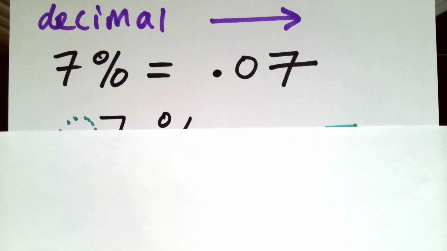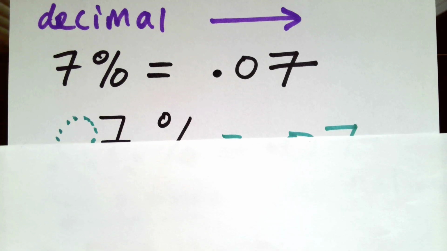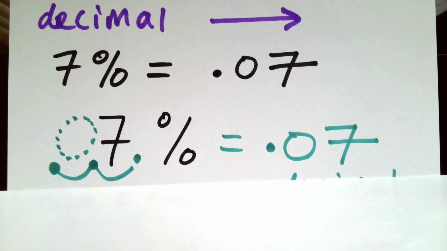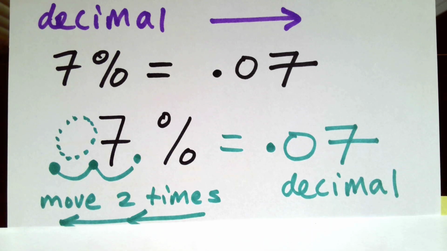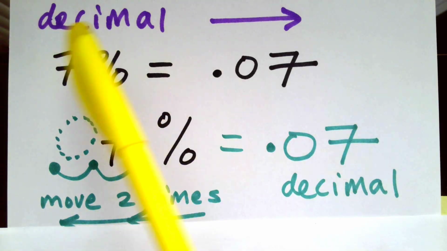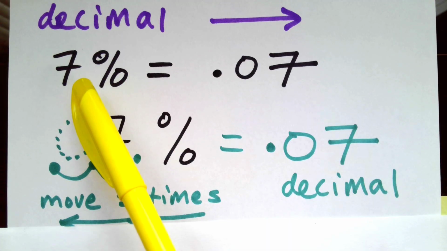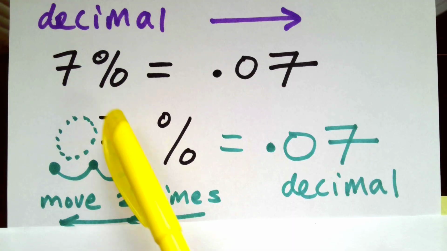So what I did here is I want to show you that in order to convert this percentage into a decimal, there's an invisible decimal point right here to the right of the 7 and to the left of the percentage symbol. It's an invisible decimal.